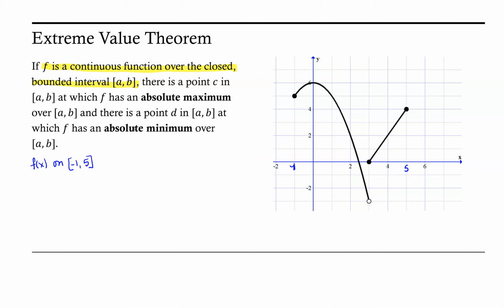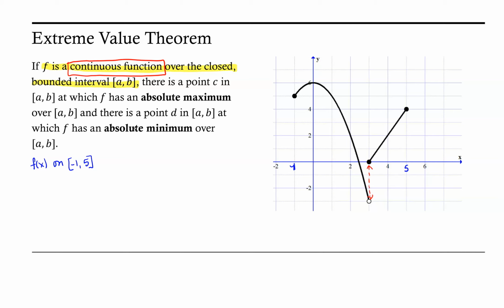However, we have a small problem. The requirement here is that this function be continuous. Well, this function is not continuous. Notice we have a jump discontinuity occurring at 3.